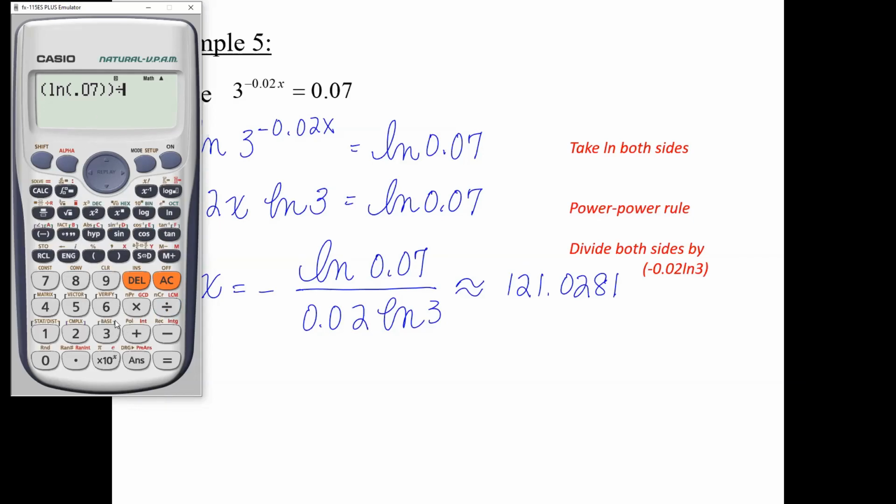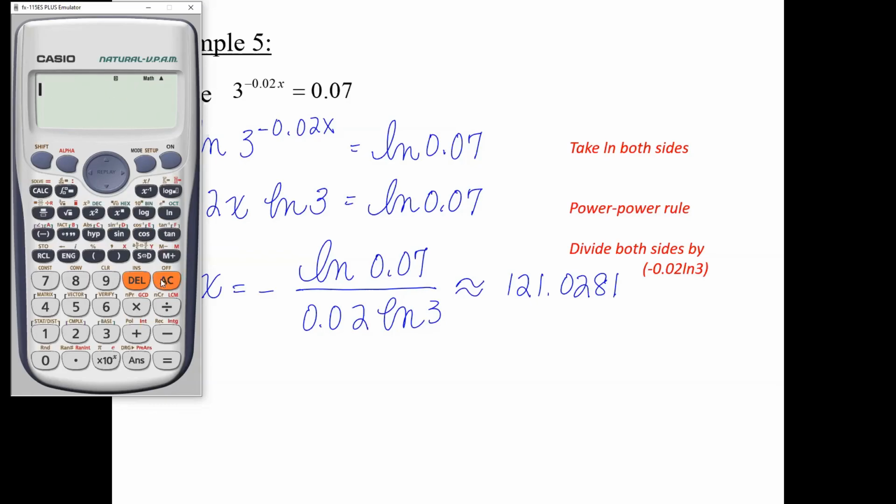Divided by 0.02 natural log 3, close the parentheses, equals. And you see it. Now, we had to do a lot of thinking on this one.